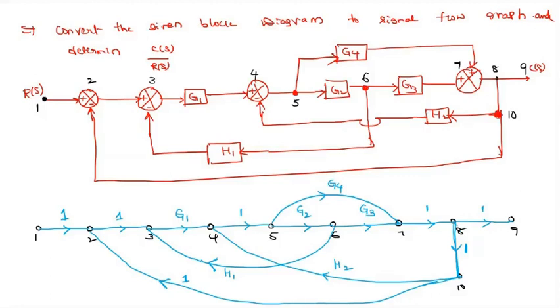The main path always travels from input to output. The feed forward path also travels from input to output, but through some other nodes. That is the main forward path and the feed forward path. Then the feedback path. The feedback path is completely different.